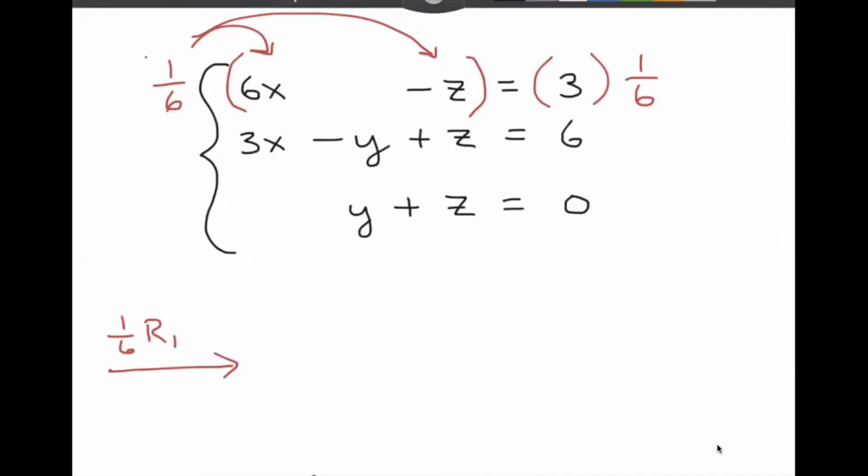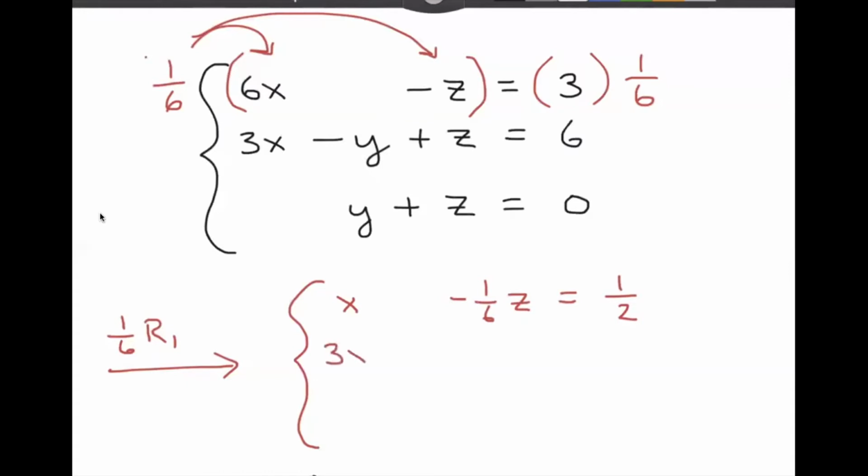All right. The new system we're going to get out of that is going to look like 1/6 times 6x is x. 1/6 times minus z is minus 1/6 z. And then 3 times 1/6 is 3/6, but I'll simplify that to 1/2. All right, so that's the only equation that changes using this row operation.